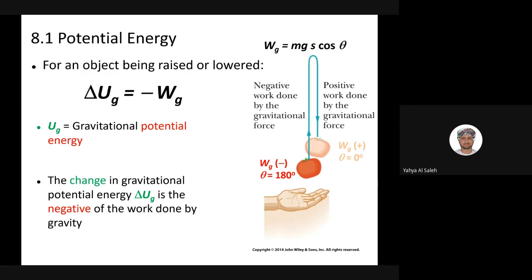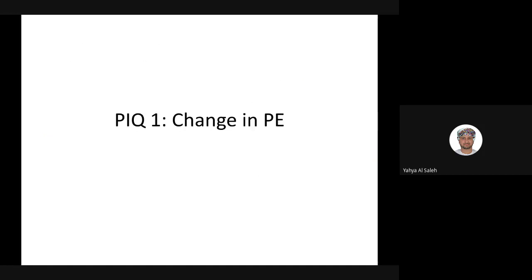Now, be careful, because our work is mg, distance, and then cosine theta. So think whether you are going with the direction, is your theta 0 or is your theta 180? Going up, you're going against the force, so it's 180 degrees. Going down, you're parallel with it, so it's 0 degrees.